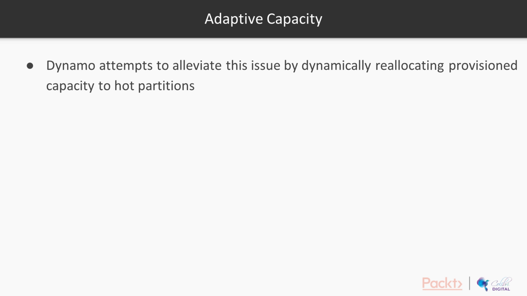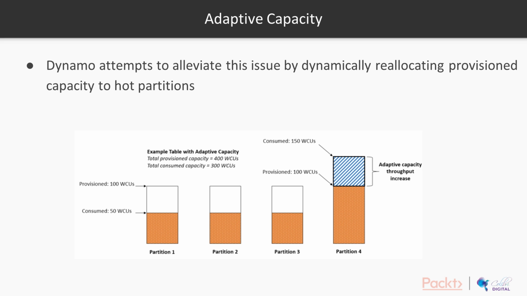So Amazon have recently introduced a feature called DynamoDB Adaptive Capacity. And with adaptive capacity, Dynamo attempts to alleviate this issue by dynamically reallocating provision capacity to hot partitions. So we can see in this diagram, we've got 4 partitions. We've got a total provision capacity of 400 write capacity units, a total consumed capacity of 300 write capacity units.